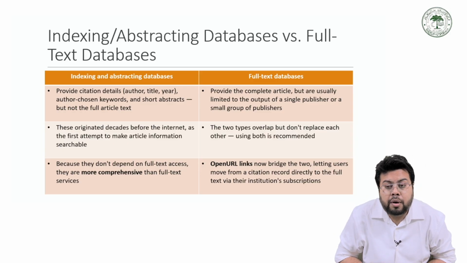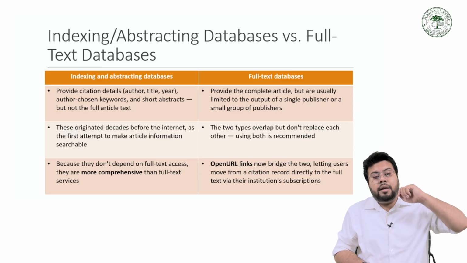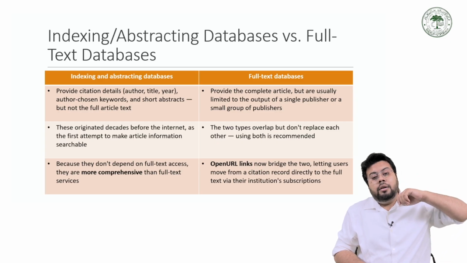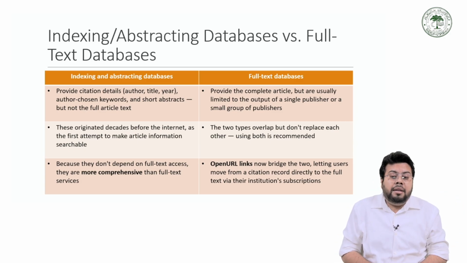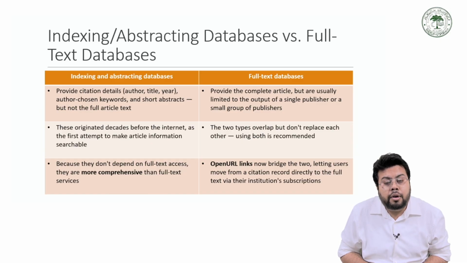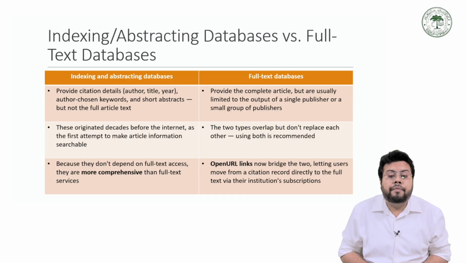This is why you will often find an article citation listed in 50 different indexing databases, but the actual full text is sitting in just one or two full text services.